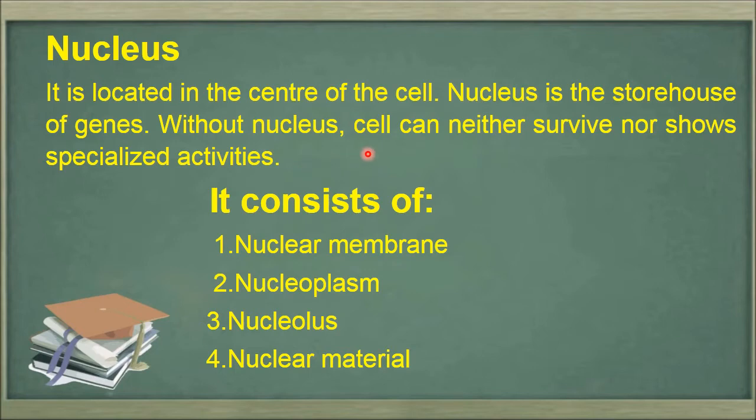All the commands, all the messages, all the decisions are taken by the nucleus to guide the cell on what to do and what not to do. So these are the basic parts of a nucleus: nuclear membrane, nucleoplasm, nucleolus, and nuclear material.